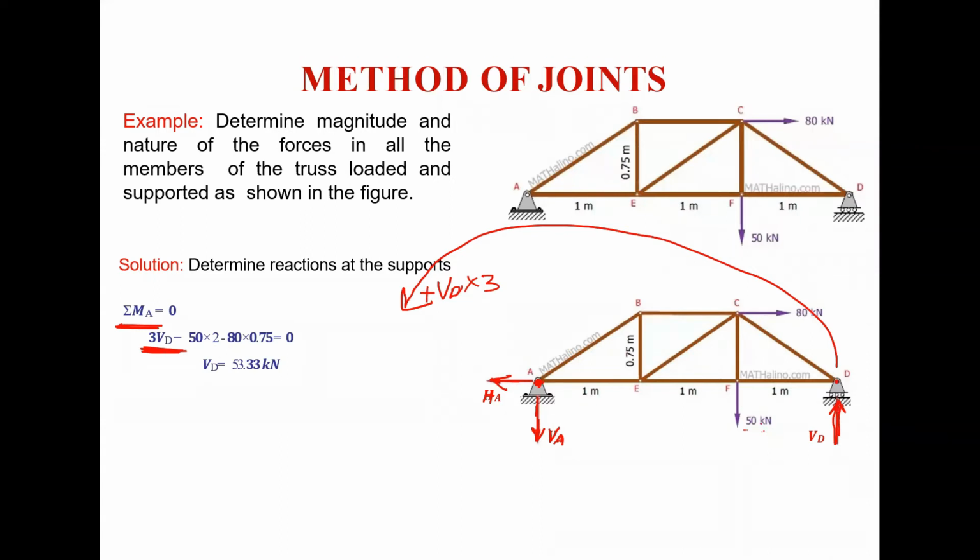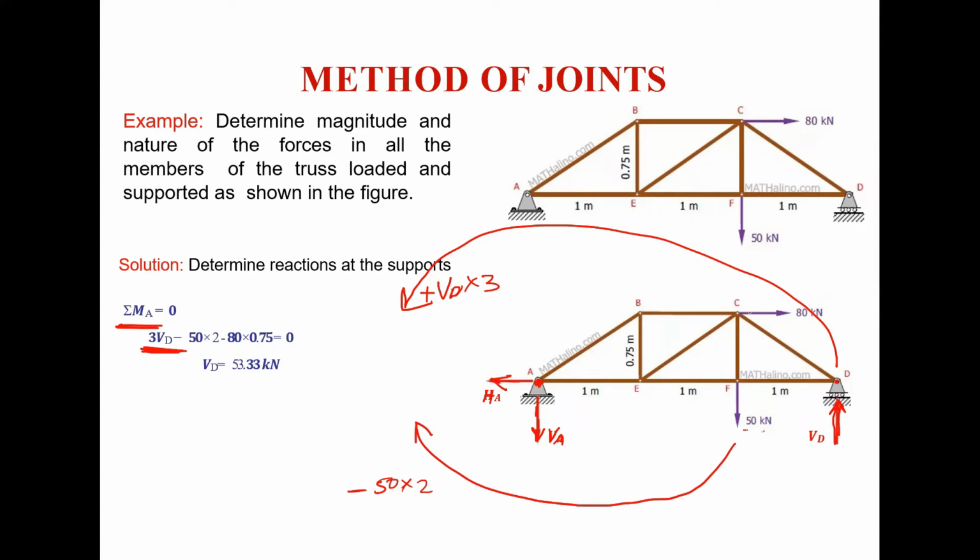Then 50 kilonewton force is applying clockwise moment about point A, and the magnitude will be 50 into 2, and this will be negative because we have taken anti-clockwise as positive.